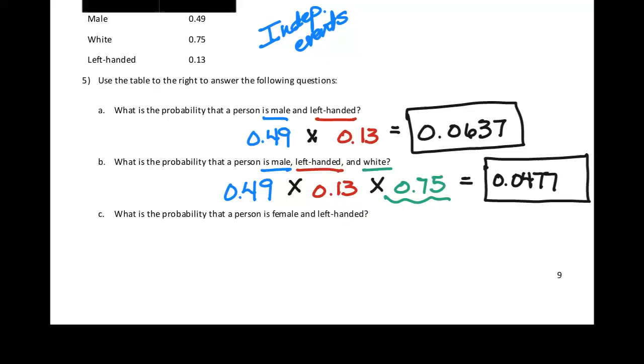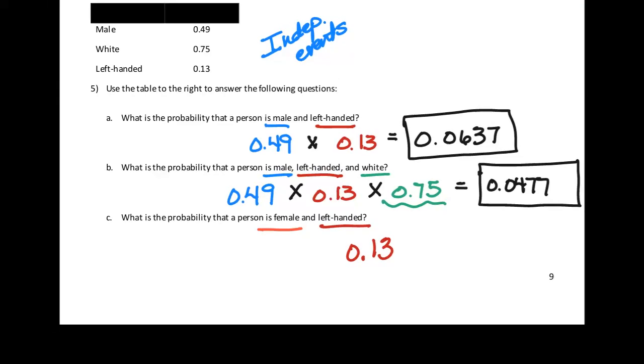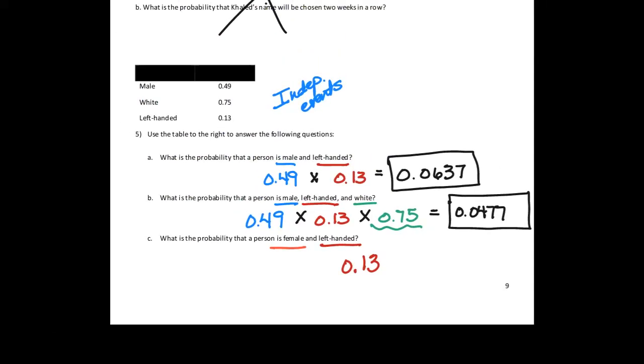Letter C, what is the probability that a person is female and left-handed? Female, we don't even have female up there. Okay, I know what the left-handed is. That's 0.13. How could I find the probability that someone is female? They don't even give it to us, Miss Thede.